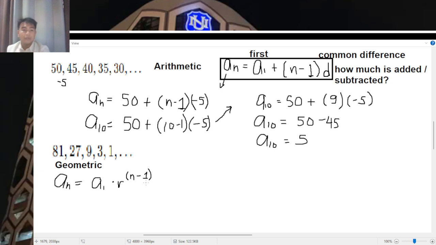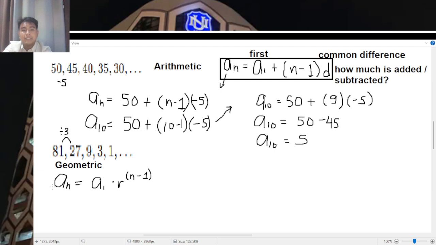But if you would look exactly at this sequence, they're not increasing, right? They're not being multiplied to increase. They're being divided. May I ask by how much? How much are they being divided with? It's divided by 3.